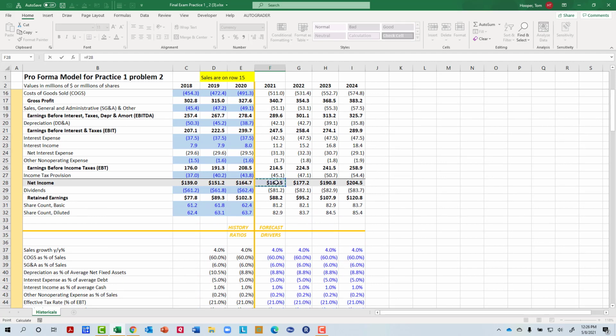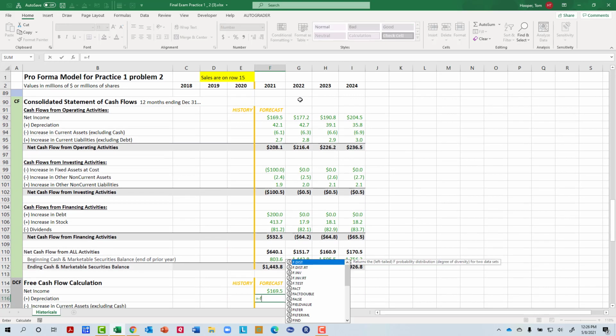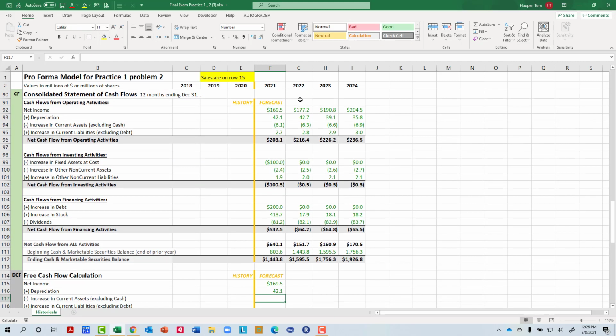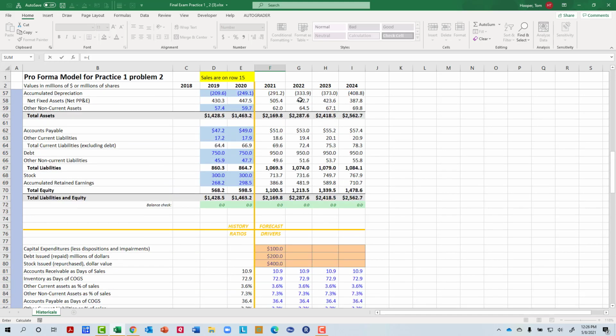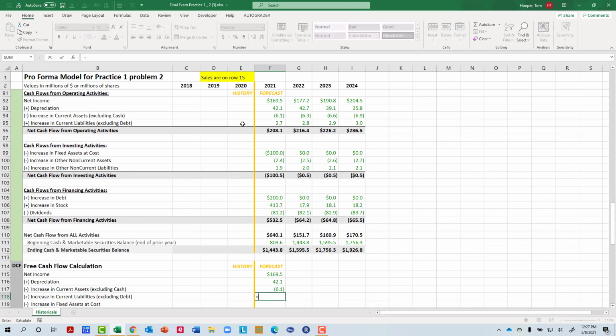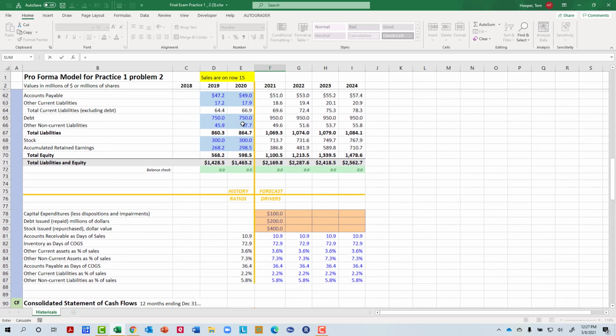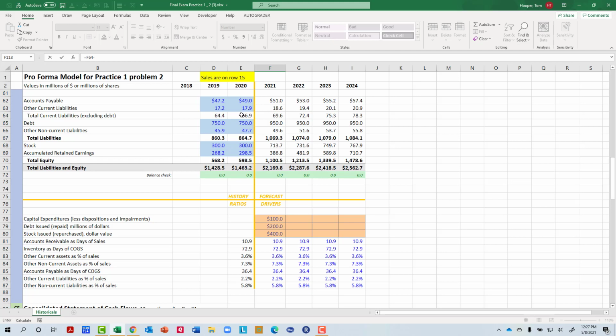Net income, the first thing we're going to do is add back depreciation on F20, so equals minus F20. And then subtract off any increase in current assets, excluding cash. There we go. Add in any increase in current liabilities, excluding debt.